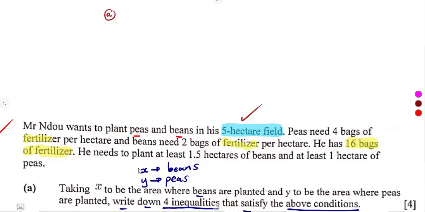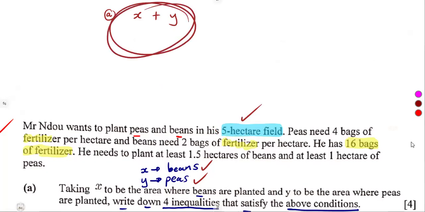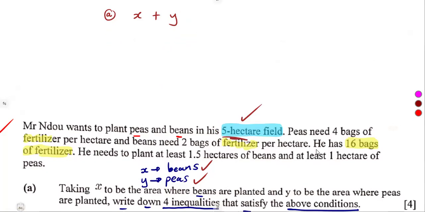So whatever is going to be occupied for beans and whatever is going to be occupied for peas, combined together in this land, must be less than or equal to 5.